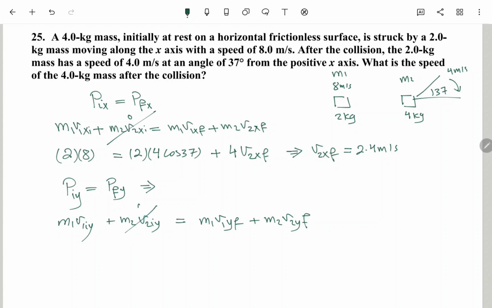Now again, this one is equal to 0, no y component for the second particle or object, and no y component for the first object. So 0 equal to m1, which is 2 times 4 sine 37. The y component for this one, it's 4 sine 37 plus 4 v2y final, and from this one here, v2y final equal to minus 1.2 meters per second.